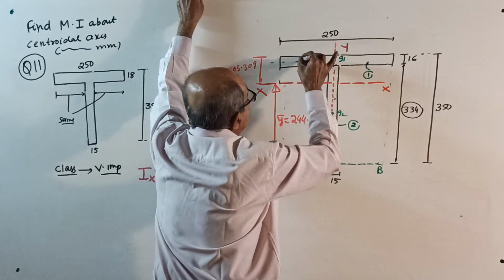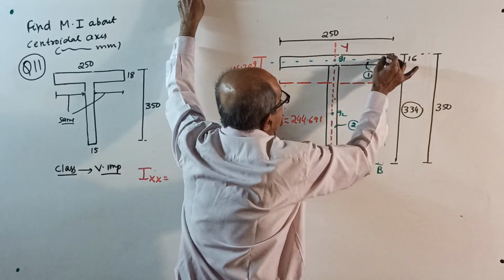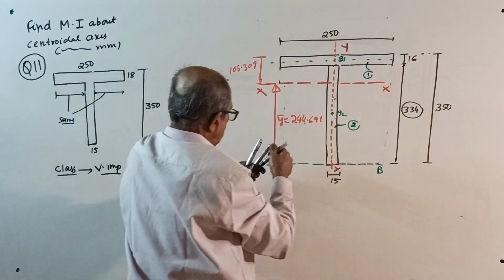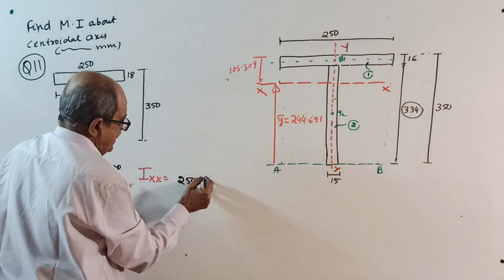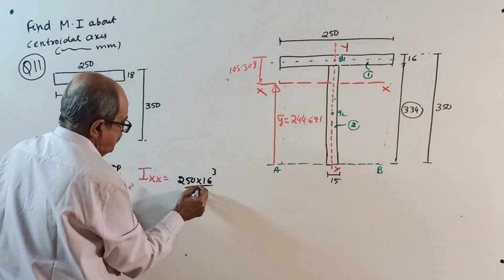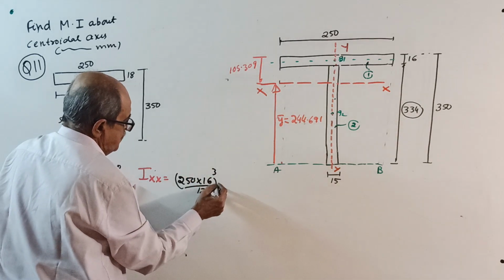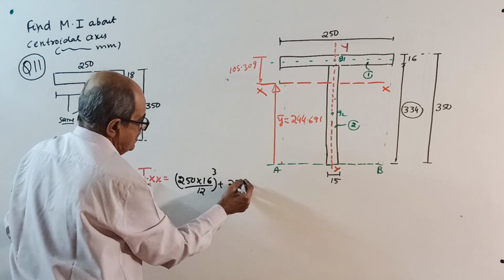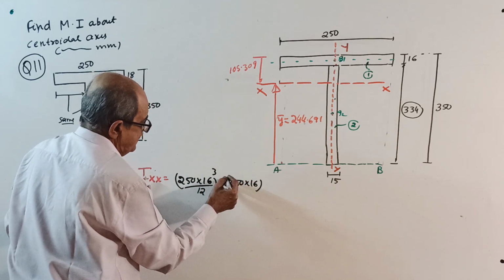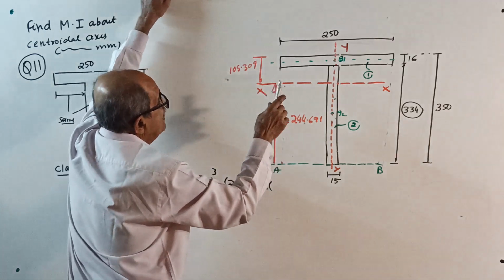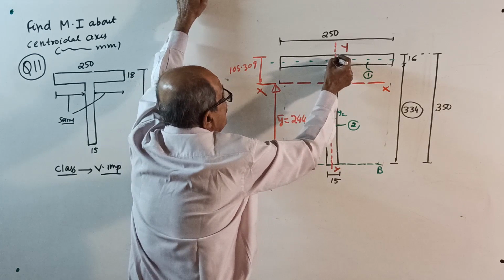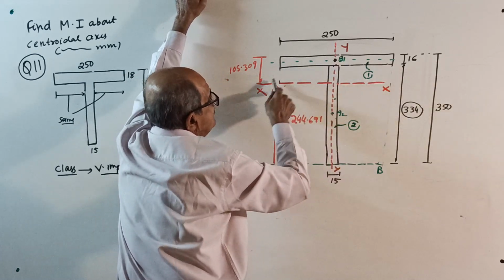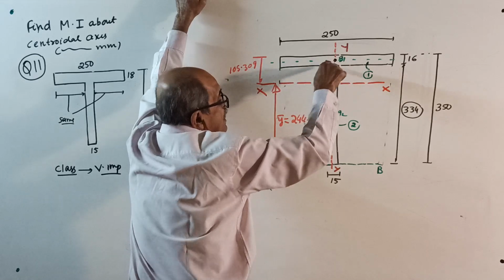I about its own centroidal axis, this one: 250 into 16 cube by 12, that is Ig, plus area, 250 into 16 is the area, into, since I about XX is wanted, from the centroid to XX the perpendicular distance square.